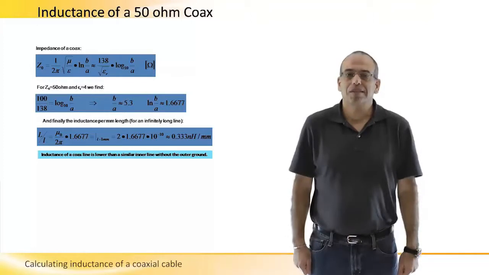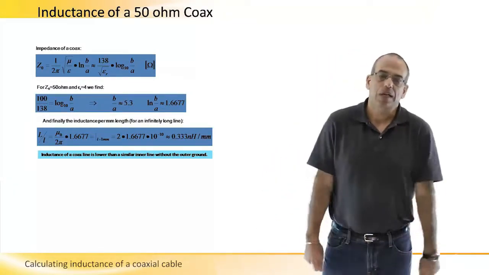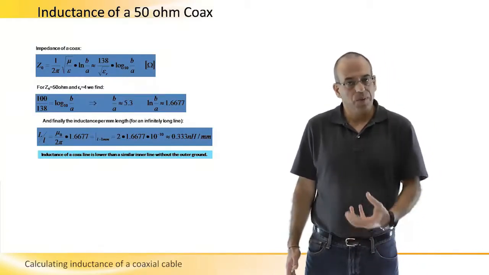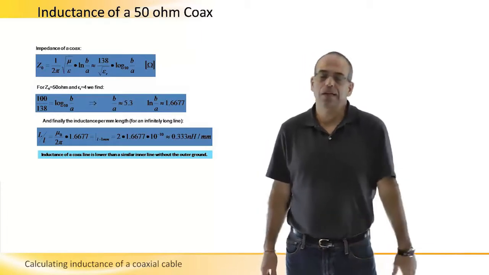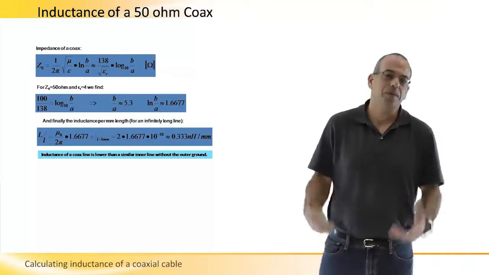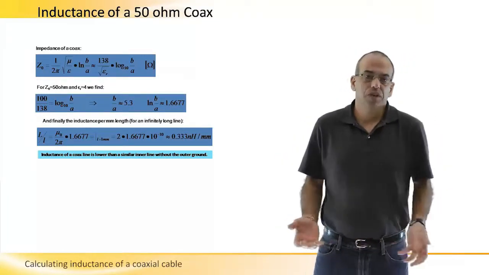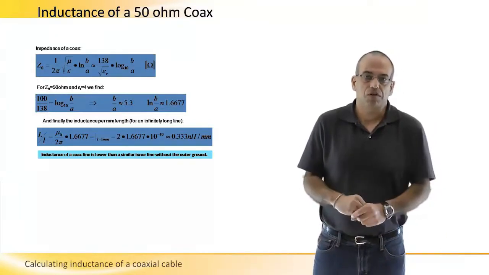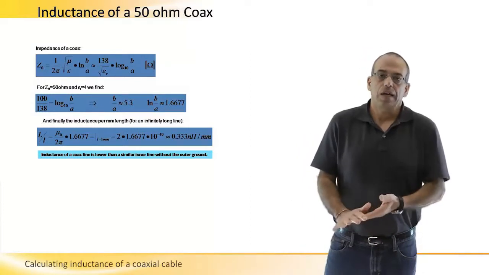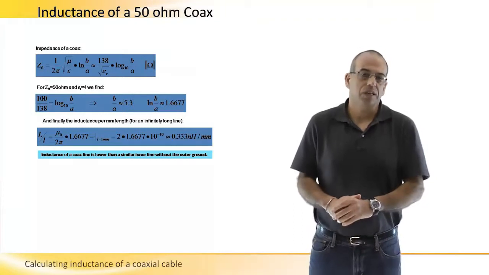Okay, to complete our coax inductance example, we will take a numerical example because we really want to feel in our hands the nanohenries that we will get from a coaxial line section. We can take a simple example of a 50 ohm coaxial line and develop some numbers from that.